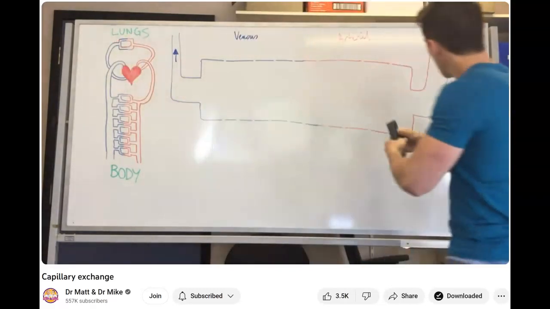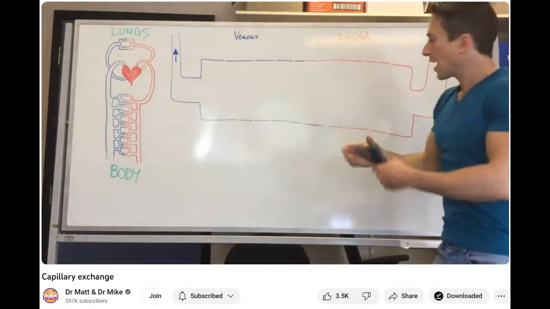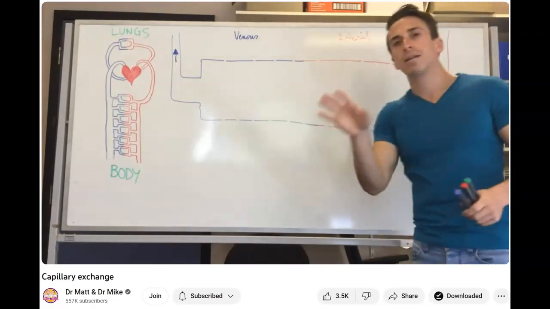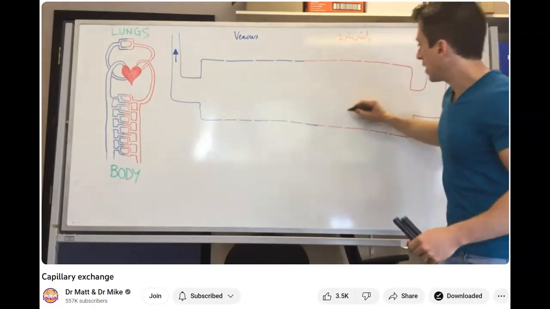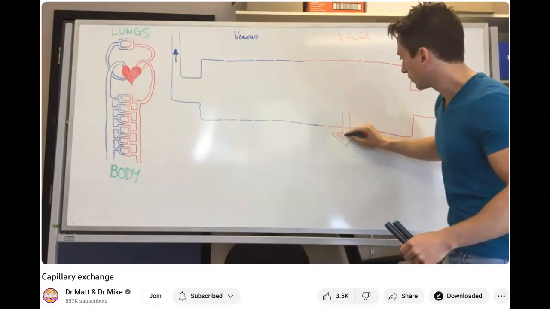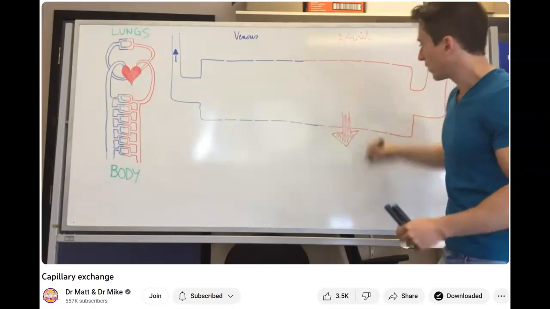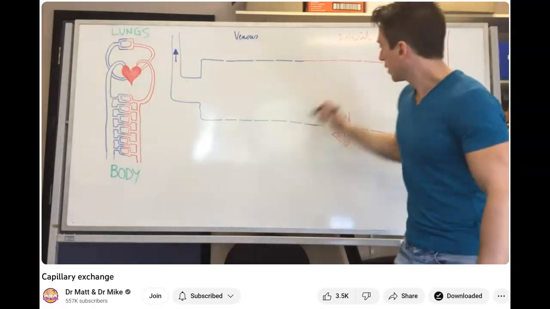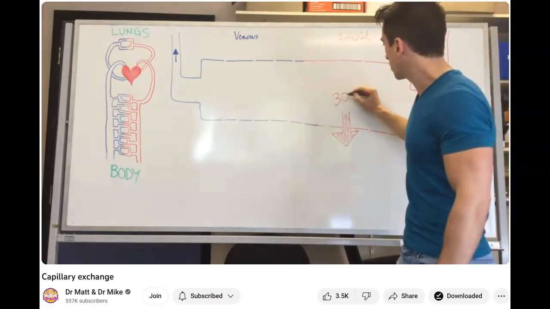So, as this blood's coming through, as it gets into the arterial end of the capillary, there is a blood pressure that's pushing out. And this blood pressure is, like I said, 30 millimeters of mercury.